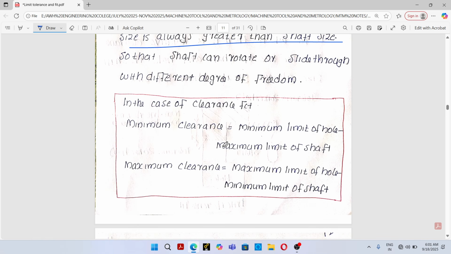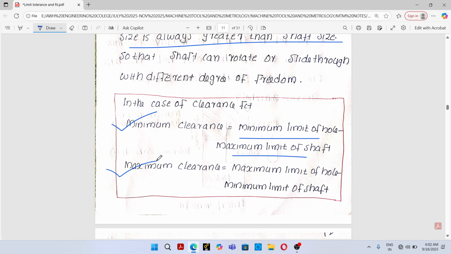So in the case of clearance fit, minimum clearance is defined as minimum limit of hole minus maximum limit of shaft. So minimum clearance is equal to minimum limit of hole minus maximum limit of shaft.